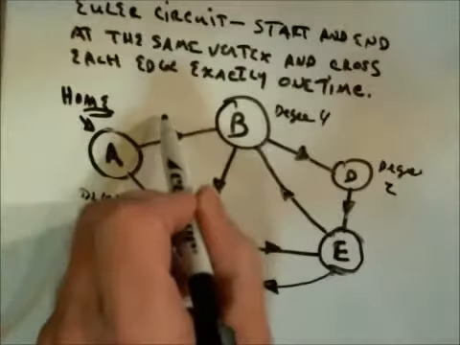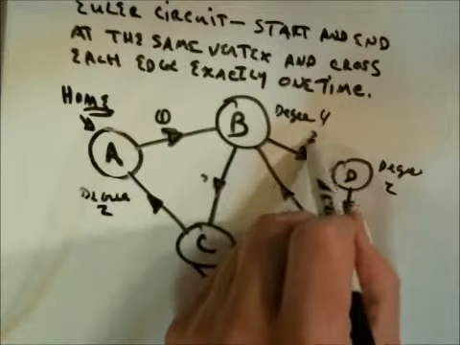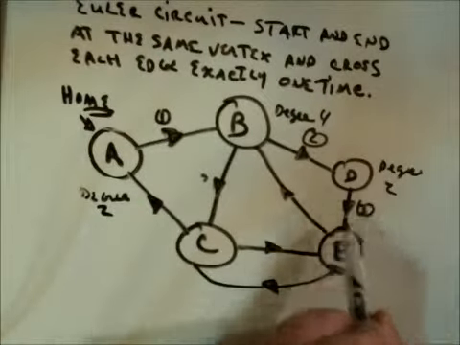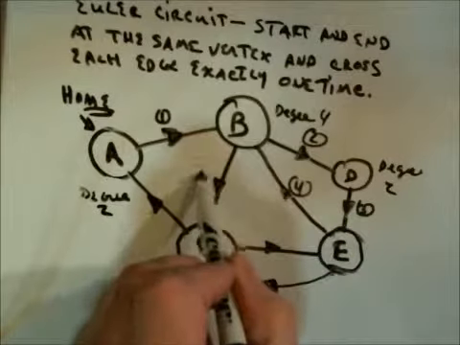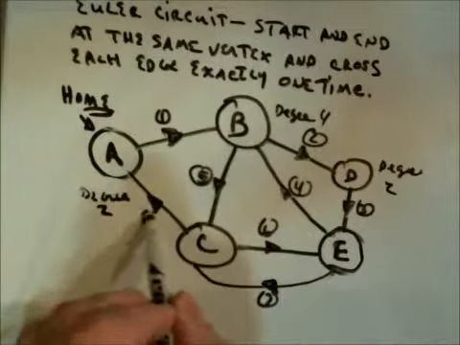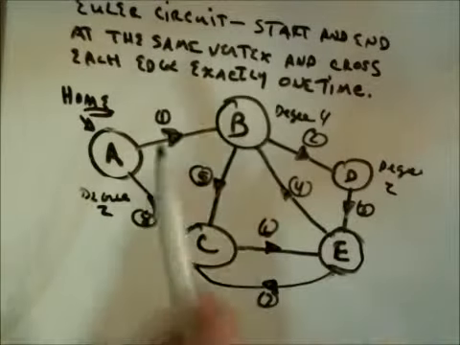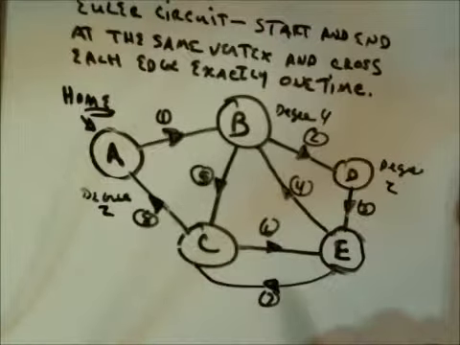All right, so if I follow that again, this is 1, 2, 3, 4, 5, 6, 7, and 8. Right? That would be the route that I took. I traveled those streets and came back home. Right? That's an Euler circuit.